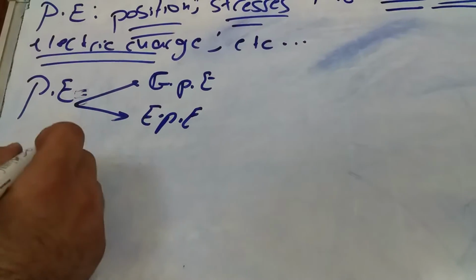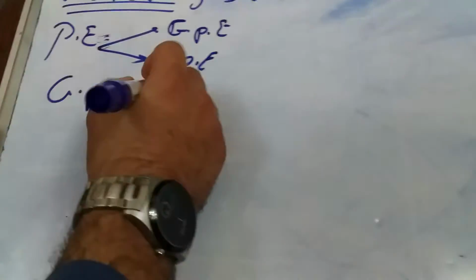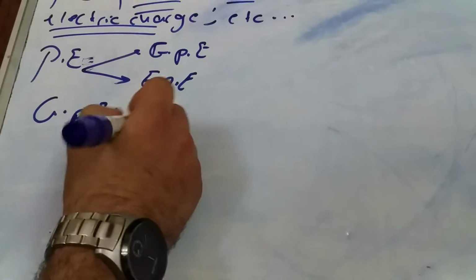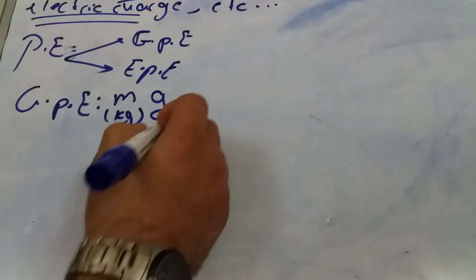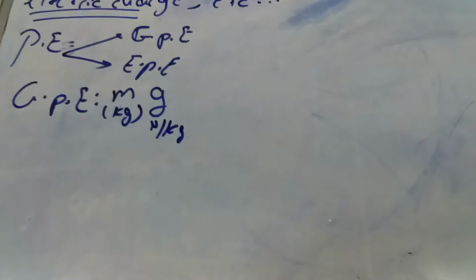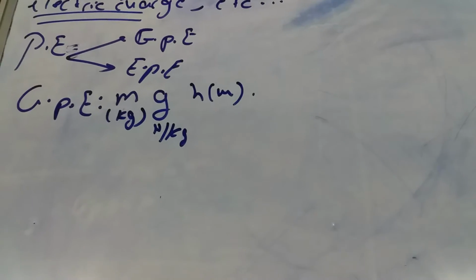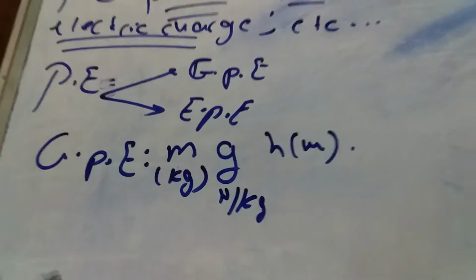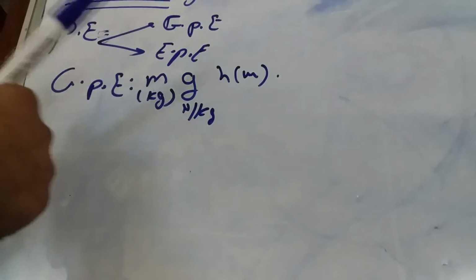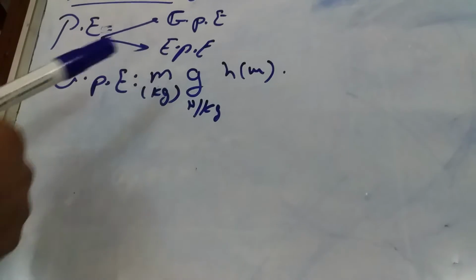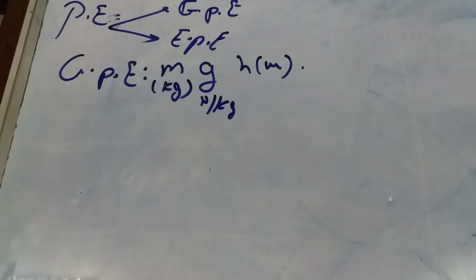Let's start with GPE, which is equal to the mass of the object, measured in kilograms, multiplied by the gravity, in newtons per kilogram, multiplied by h, measured in meters. So GPE equals mass times g times h.